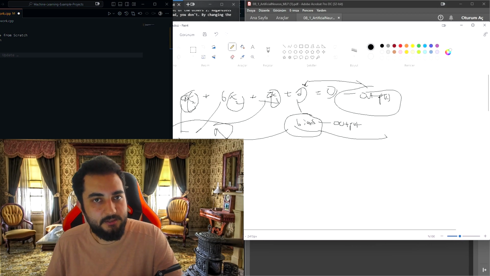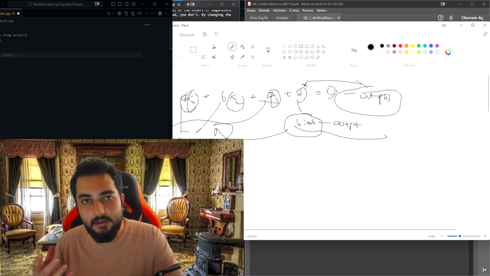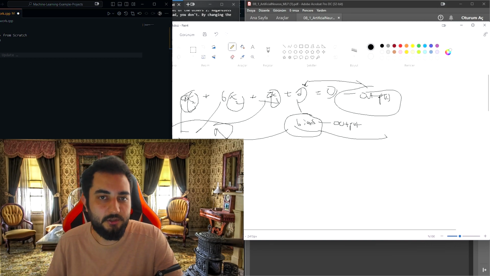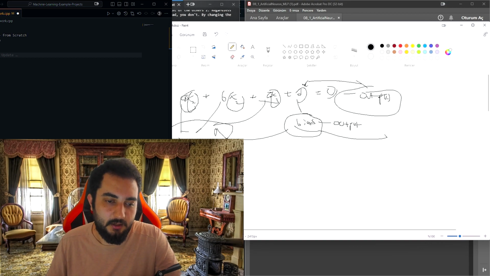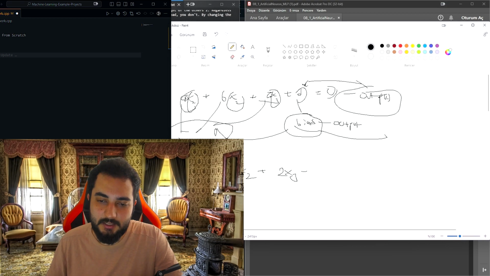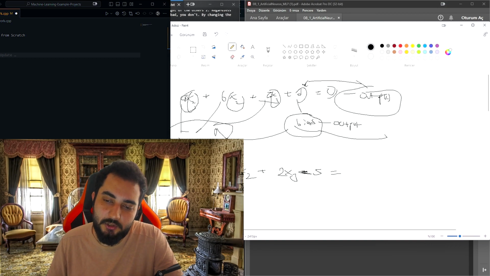If I generalize the equation, I can solve every possible input with this equation. For example, if I find the weights such as 6x1 and 2x2 plus 2x3, and let's say the bias negative 5, equals 0.